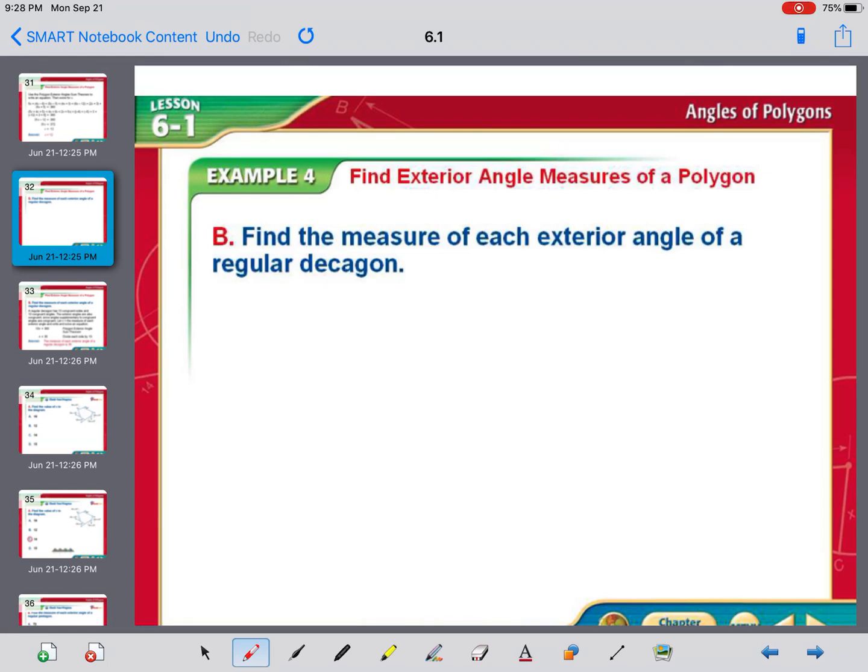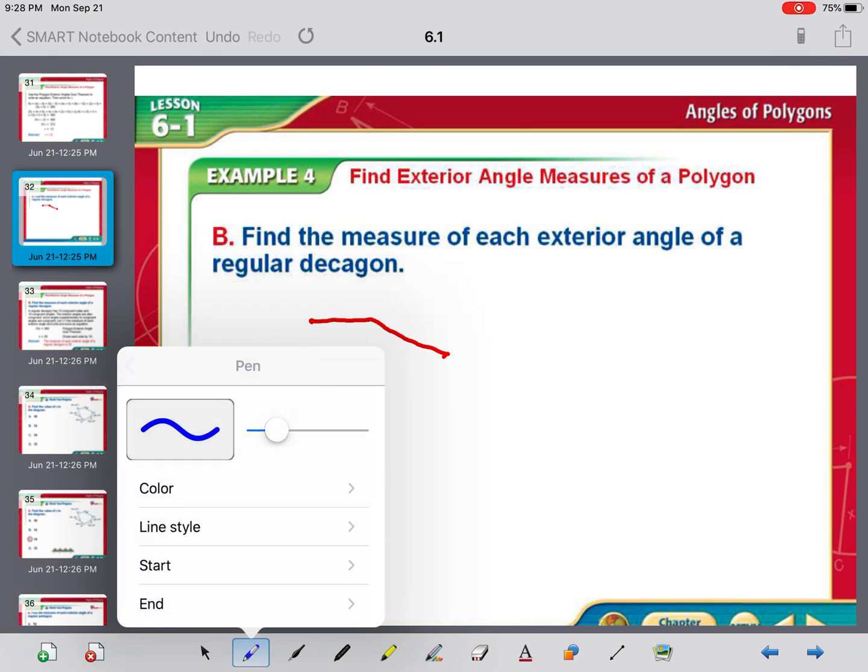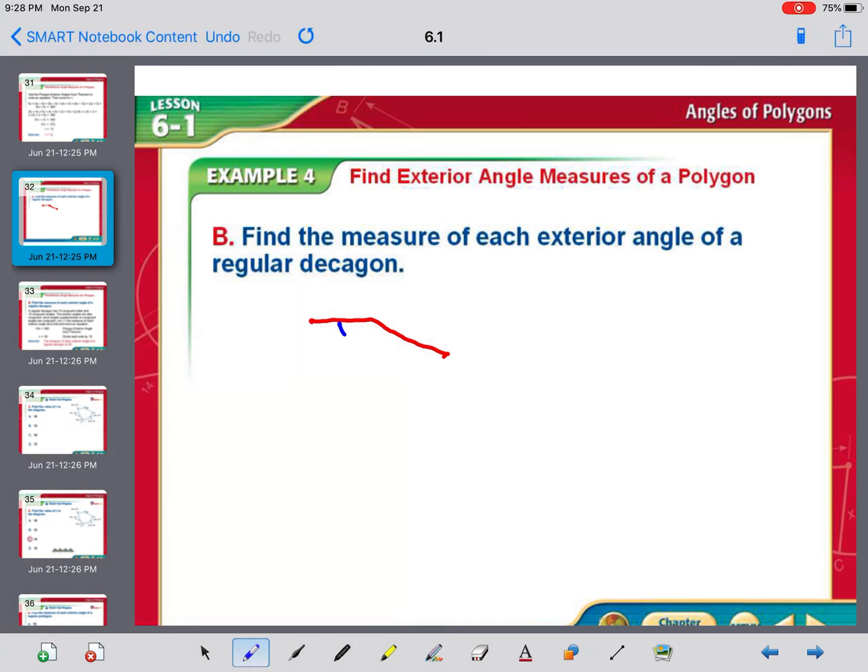This says find the measure of each exterior angle of a regular decagon. Let me just do this first. I'm not going to draw the whole decagon. Somewhere there is an angle inside a regular decagon, which means all of them are equal.